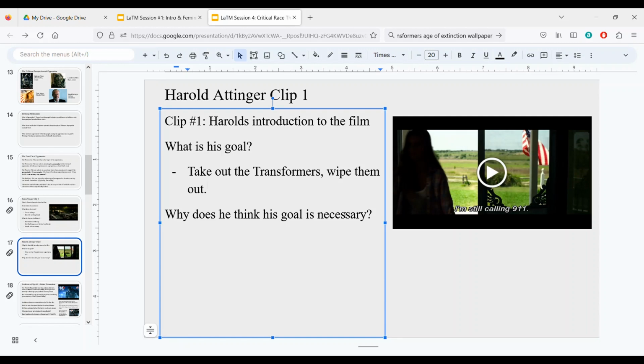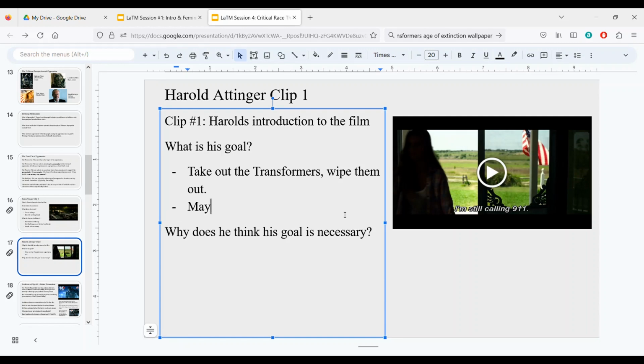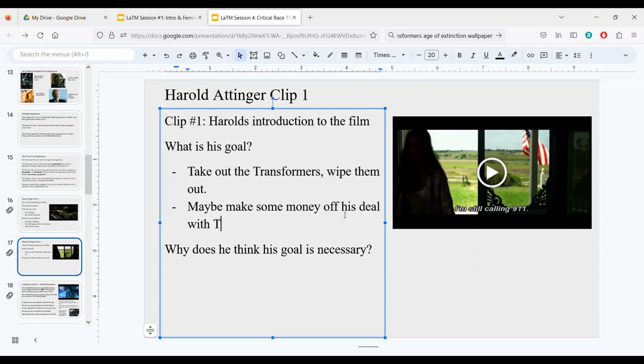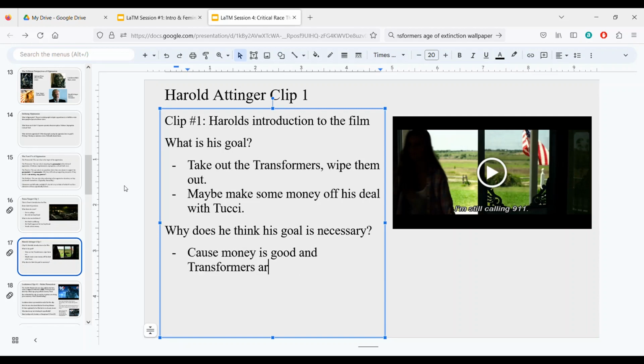Oh yeah, make that money. Yeah, maybe make some money off his deal with Tucci. And then why does he think his goal is necessary? Because money is good and Transformers keep blowing up stuff, so. Yep, that's good.